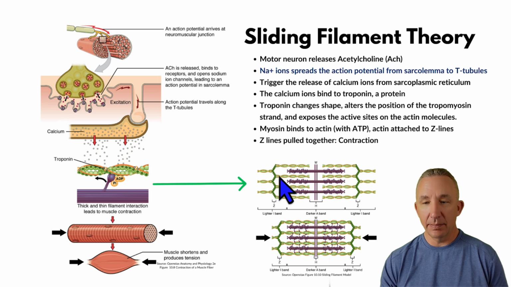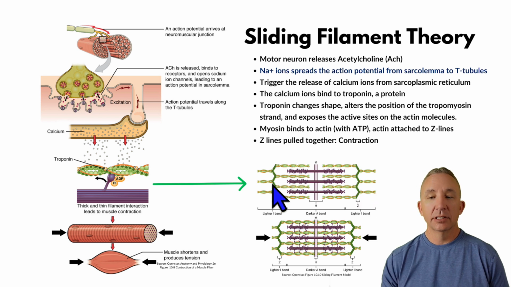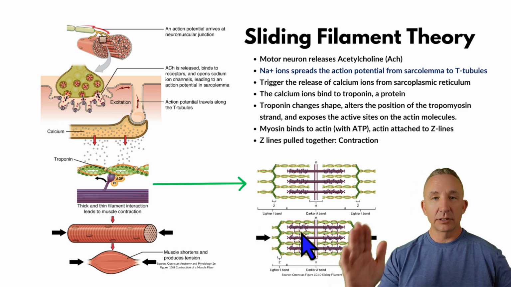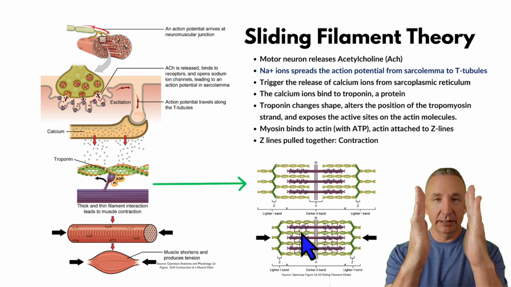And if we remember, our actin strands are connected to a Z disc and a Z disc, otherwise known as a Z line to a Z line. So what this is showing from this result, if I allow for that energy for the myosin heads to grab onto actin, it's going to pull a Z line and a Z line together.